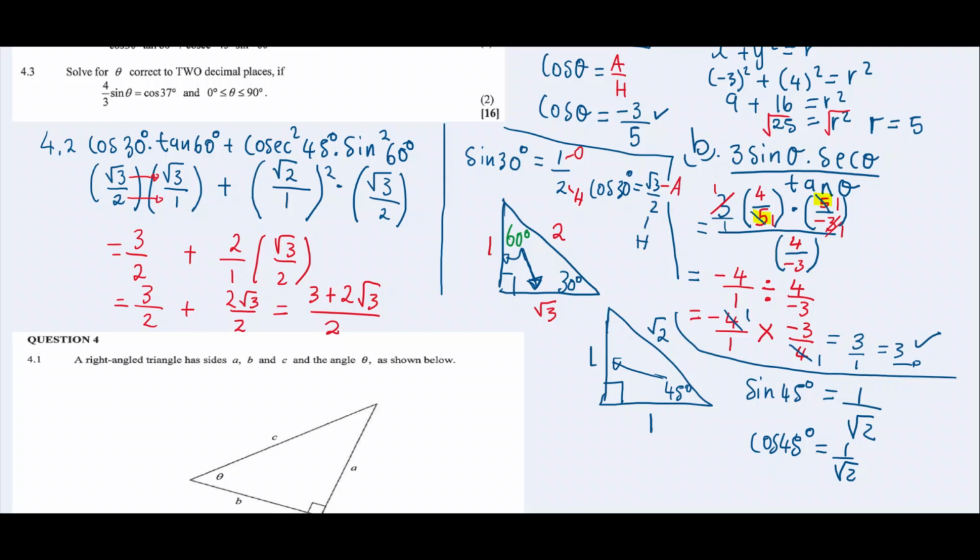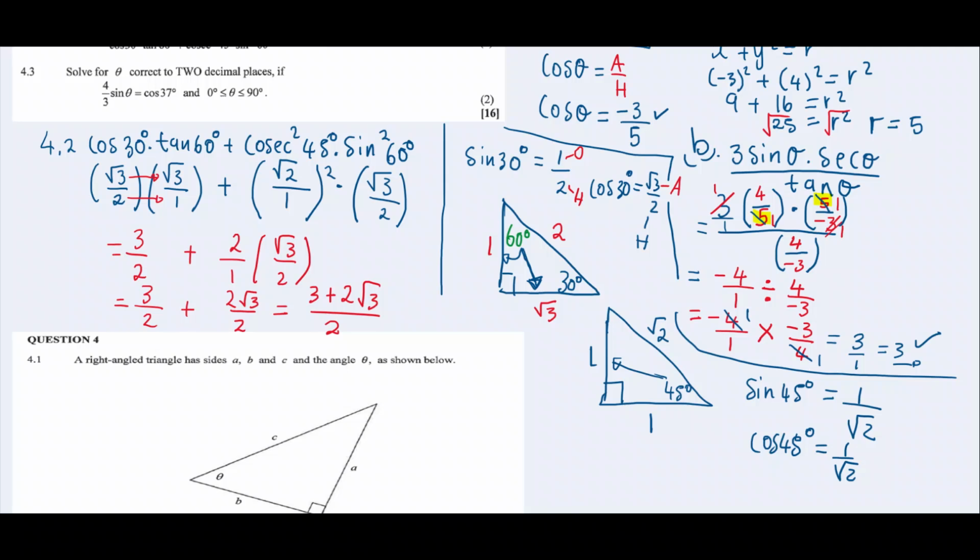So with the 4.3 question, I will quickly just erase the part. Let's just double check if that one is correct.